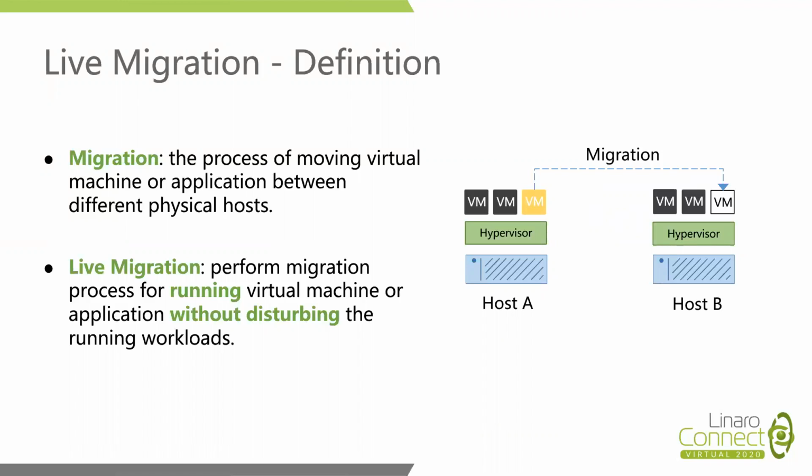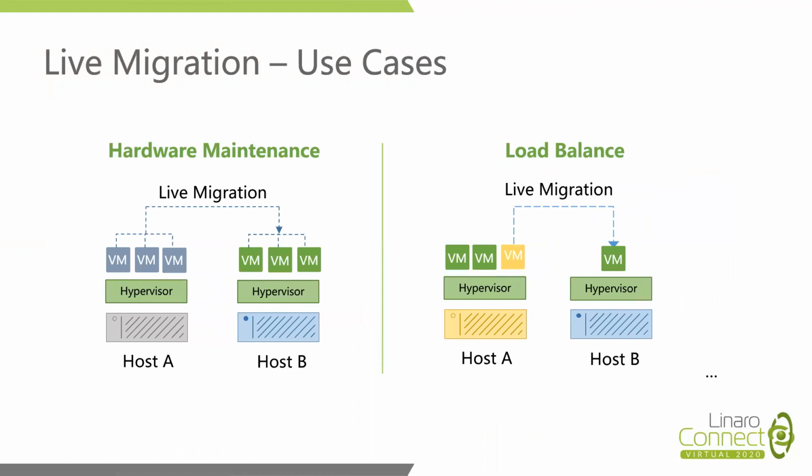Migration and live migration are very important for cloud users. So what are the typical use cases for live migration? Here we have two examples. The first example is hardware maintenance. In production deployments, the cloud provider will sometimes have to perform hardware maintenance, for example, hardware and software upgrades or the replacement of broken hardware.